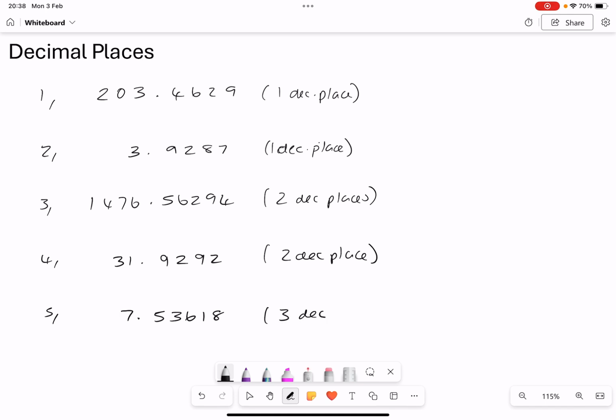That one is to 3 decimal places. And our final one, number 6, will have 27.21379, and that's going to be to 3 decimal places as well. So pause the video while you do those, and then play the video again, and I will go through the answers.